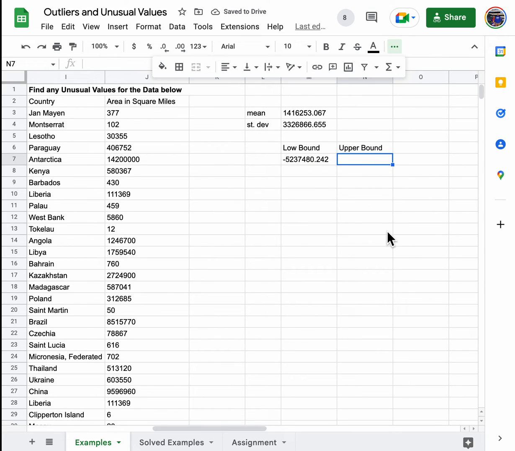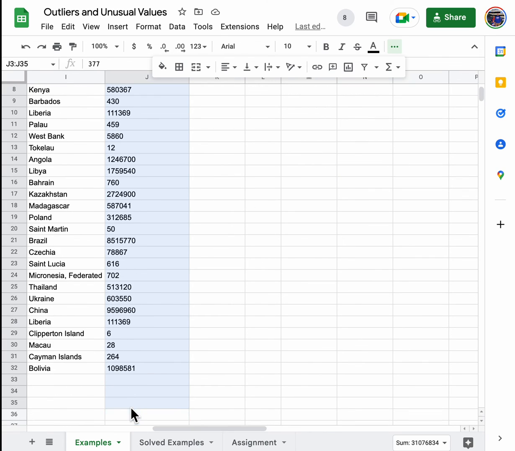My upper bound equals mean plus 2 times the standard deviation. So in this case, M3 plus 2 times M4. It's the same set of values, just with a plus instead of a minus. Enter. Now we have our upper bound, which appears to be a little bit more than 8 million.